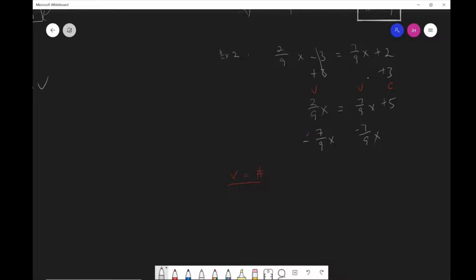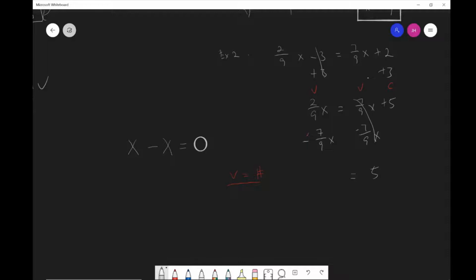If you remember, some properties of subtraction is that whatever number it is minus its identical number always gets you 0. So 7 over 9x minus 7 over 9x will cross out to get a 0. On the right side, we can see what's left is a constant of 5.